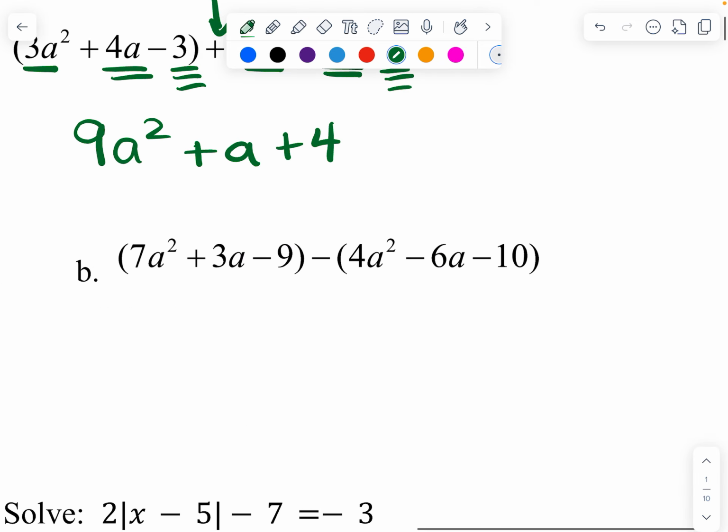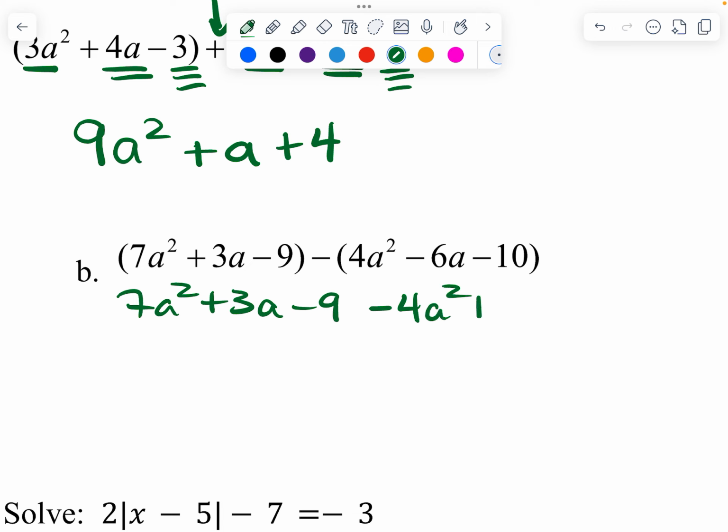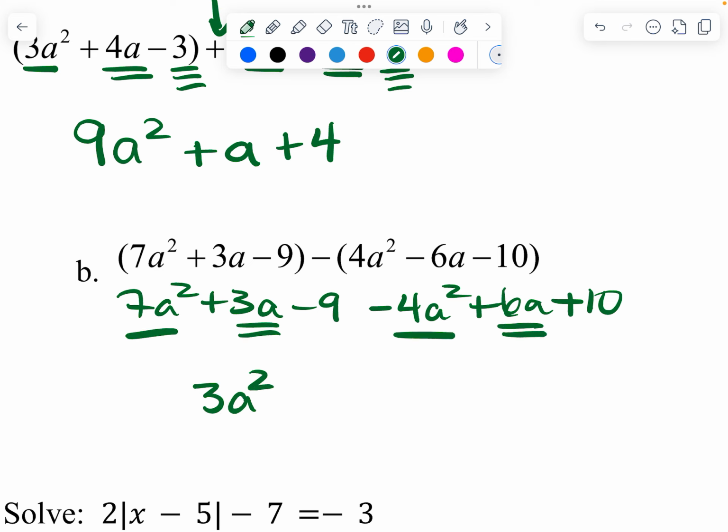Okay, then come over here, we do the exact same thing. I write down the first set of parentheses as is, and I do the opposite of everything inside the other set of parentheses. I combine like terms, and then constants, and there we have it.